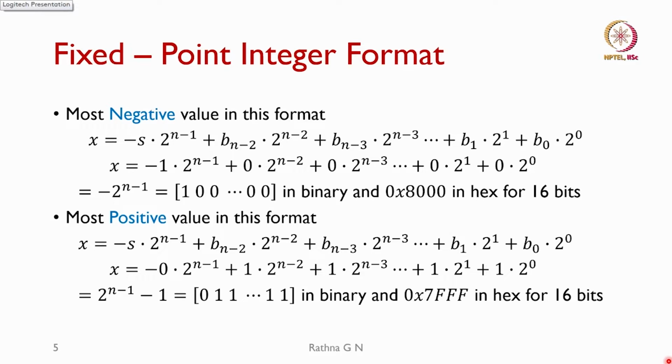So, in the binary format it is going to be 0 because it is a positive number, and the rest of the magnitude bits are 1 throughout in 16-bit format. The maximum value is given as 0x7FFF in hex. We know the hexadecimal number representation. I think most of you would have covered that. So, F is the maximum digit which gives us 15 as its value.